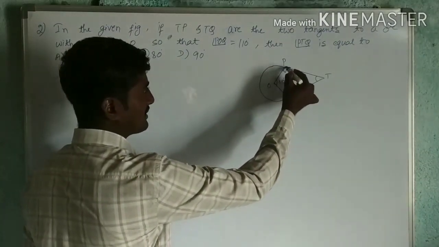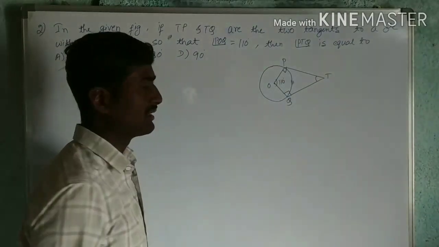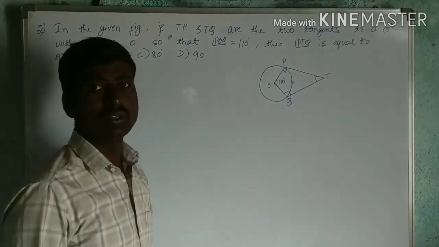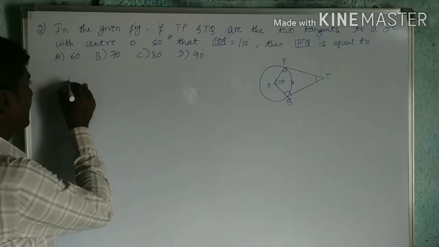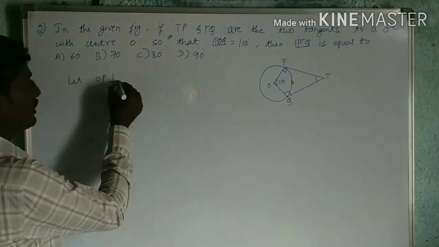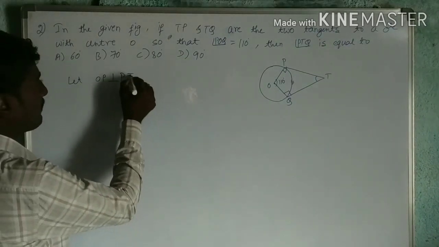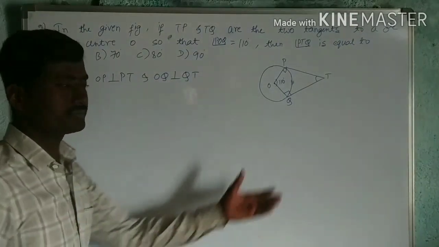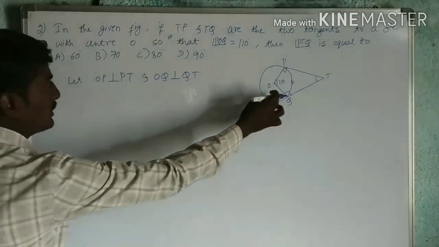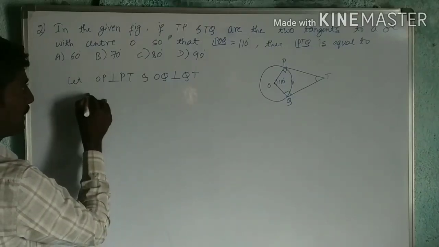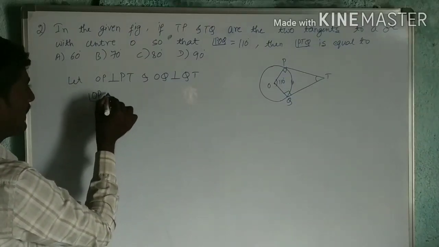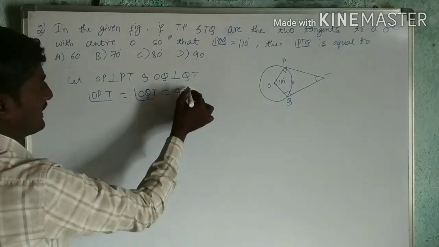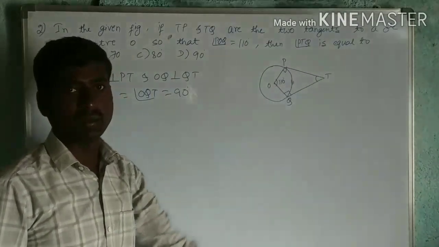These two angles are equal to 90 degrees because OP is perpendicular to PT, and OQ is perpendicular to QT. So let OP be perpendicular to PT and OQ be perpendicular to QT. Now these two are perpendicular, so angle OPT is equal to angle OQT, which is 90 degrees.